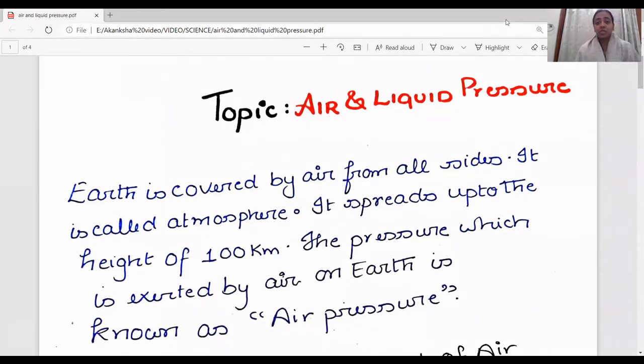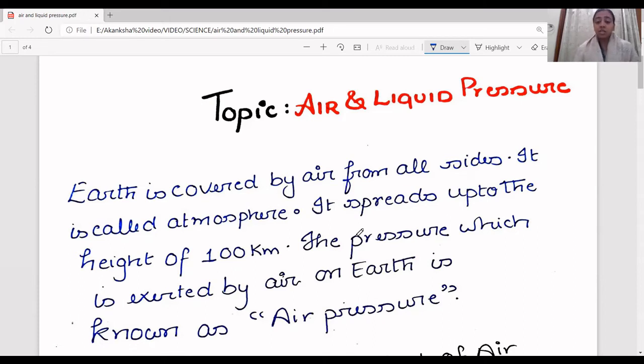So first we'll be dealing with air pressure. Now, Earth is covered by air from all the sides, right? That is known to everybody. It is called the atmosphere. When we say Earth is covered by air, that term is coined as atmosphere.